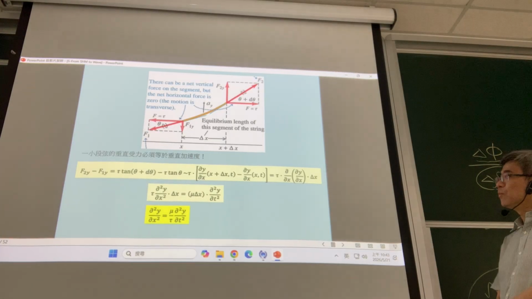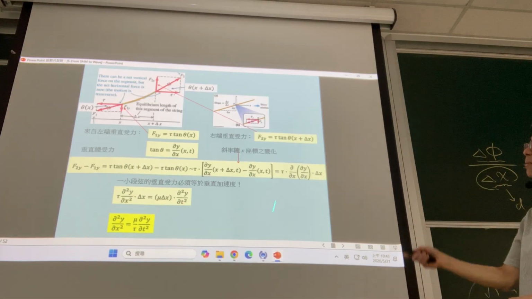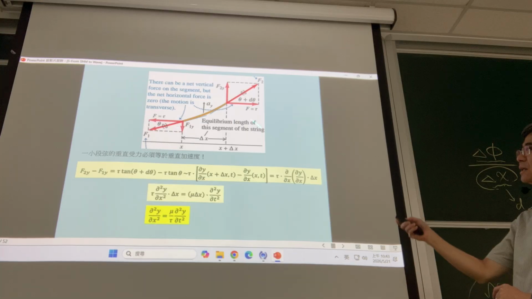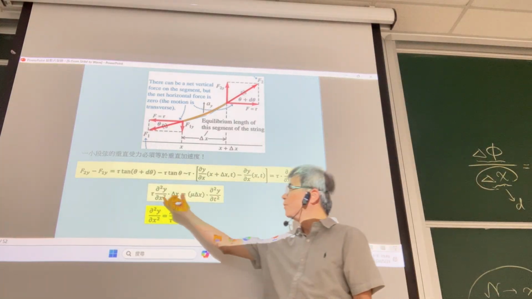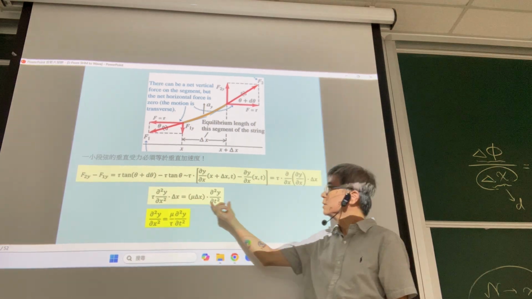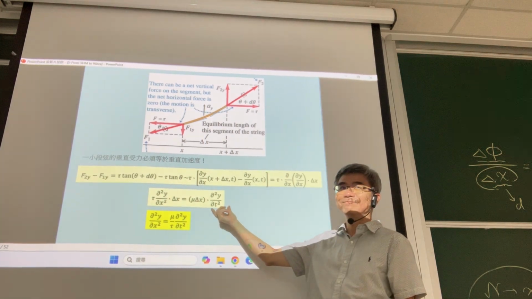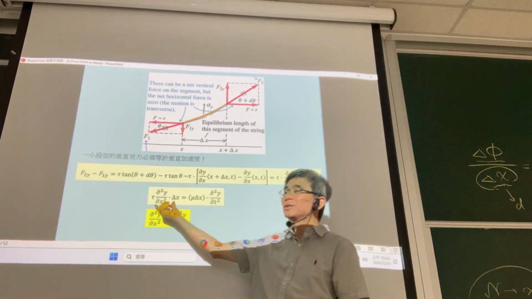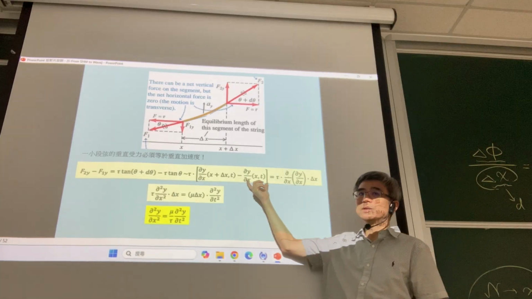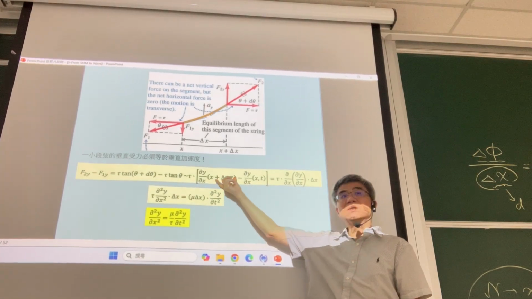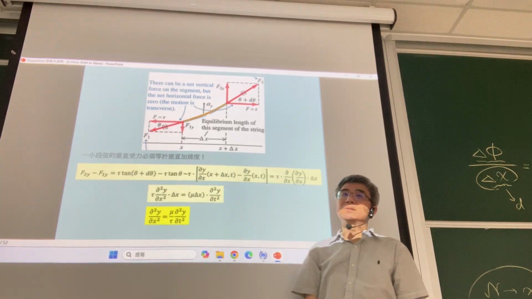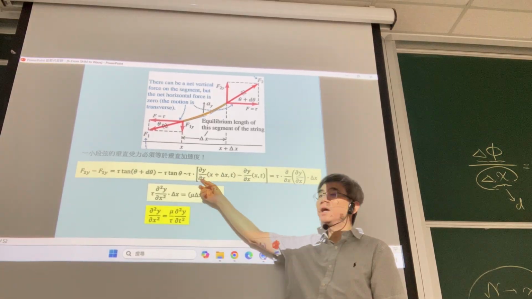Because this is too complicated, I simplify it on this page: again, force, mass, and acceleration. The force could be derived from the difference of the slope. The slope is the first partial differentiation with respect to x.